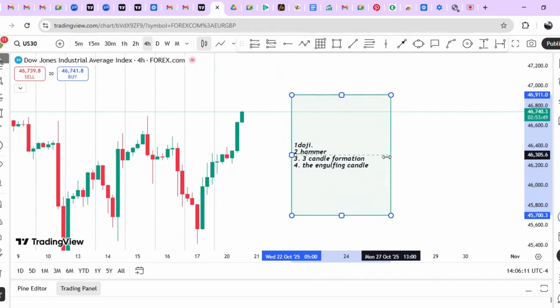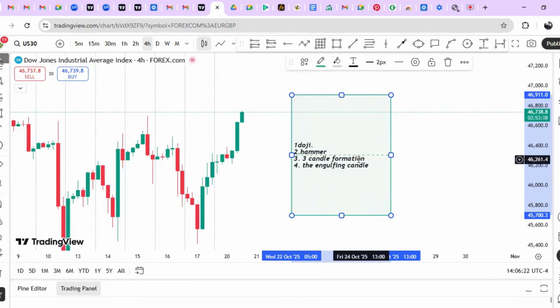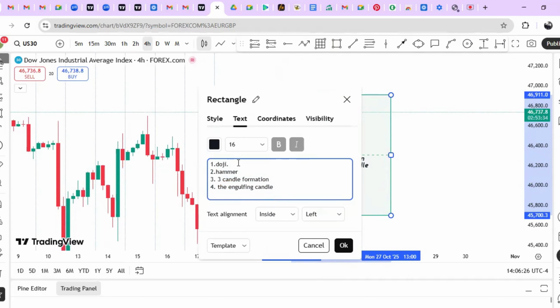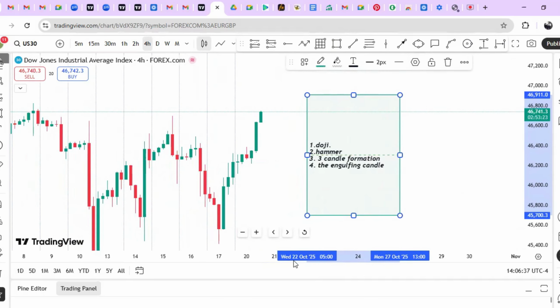Like I told us earlier, the first three are the doji, the hammer, and the three candle formation, which is either the evening or the morning star. Those candles come before a trend reversal.